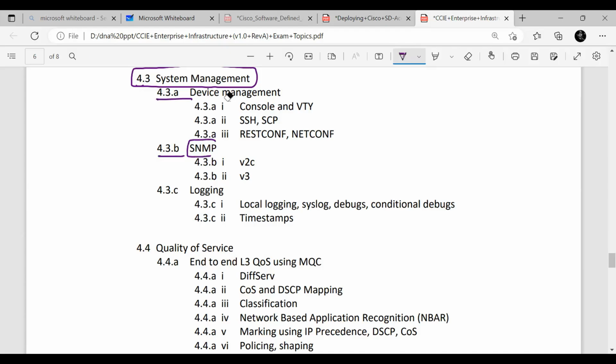Then SNMP, Simple Network Management Protocol. In SNMP, you have three versions basically: version 1, version 2, and version 3. But in CCIE, no need to learn about version 1. Learn version 2 and version 3 only.